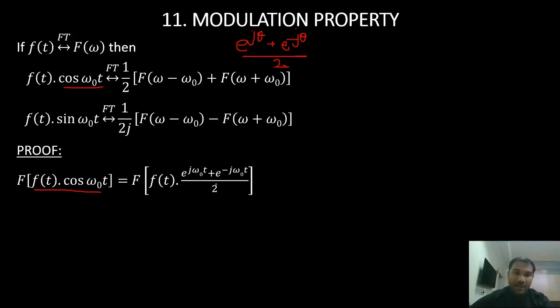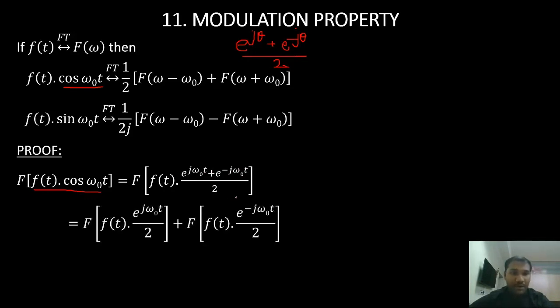I will split this linearly using the linearity property. I can write it as f of t into e power j omega naught t by 2 plus f of t into e power minus j omega naught t by 2, and I will split the Fourier transform for both the terms: the first term's Fourier transform plus the second term's Fourier transform.